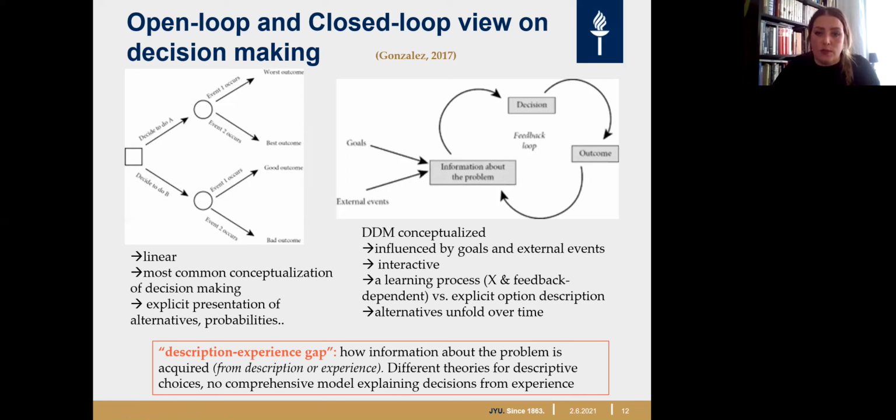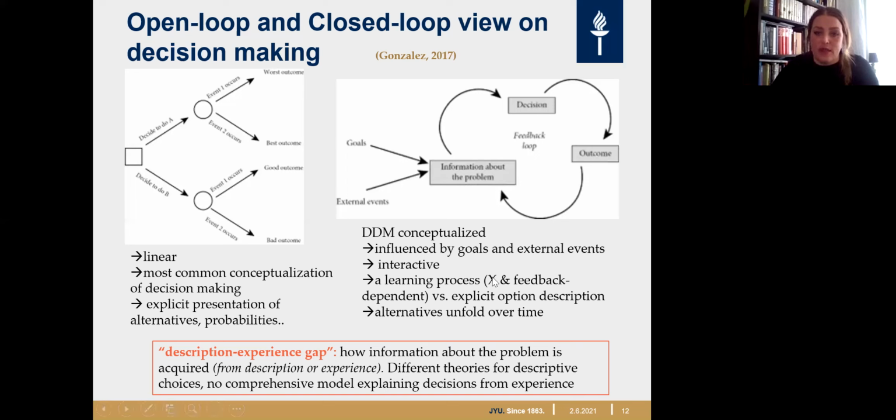So it's interactive, it's influenced by goals and external events, and it's considered a learning process. So it's highly dependent on information gained from experience.